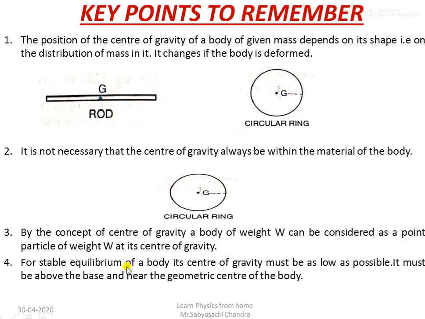Center of gravity and geometrical center may not be the same point. So the condition for equilibrium of a body is that the center of gravity must be as low as possible, above the base, and near the geometrical center of the body.